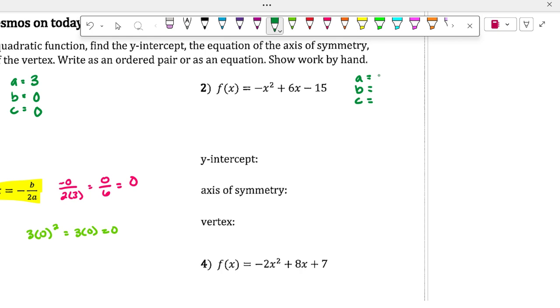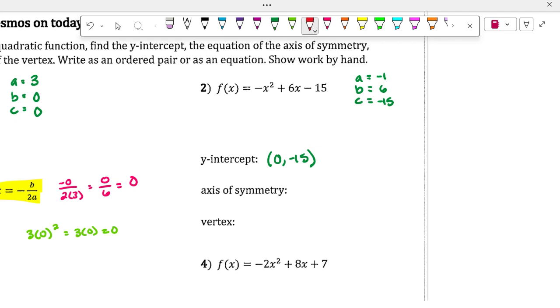First off, what's A, B, and C? What's A? Negative 1. C, B, C. Good. What's my y-intercept? 0, negative 15. Get in the habit of writing that as a point.